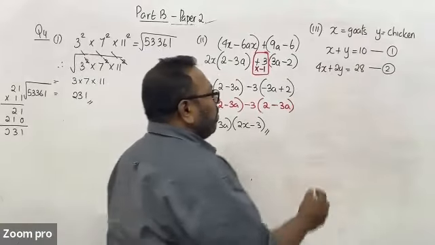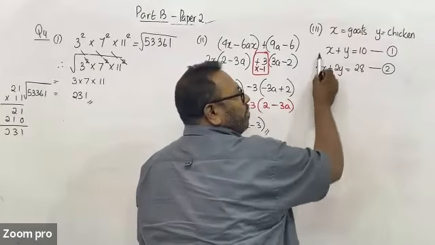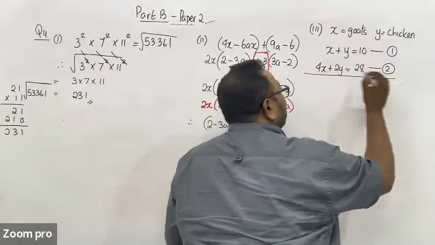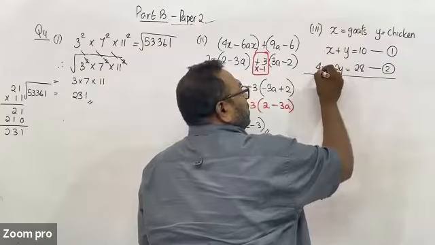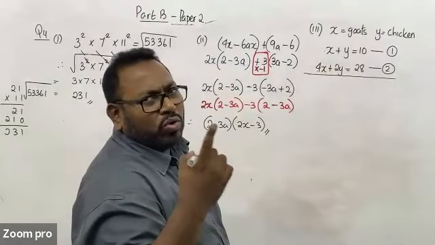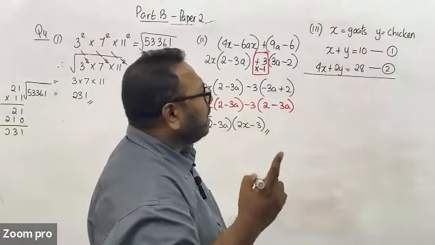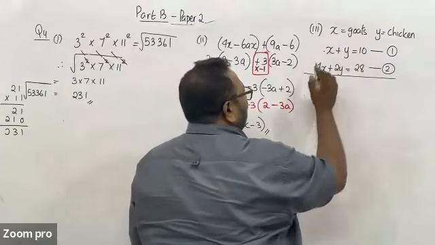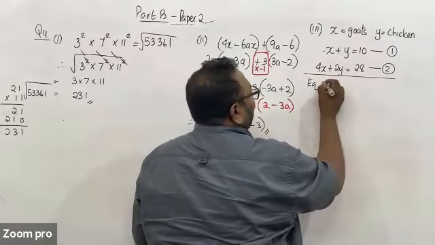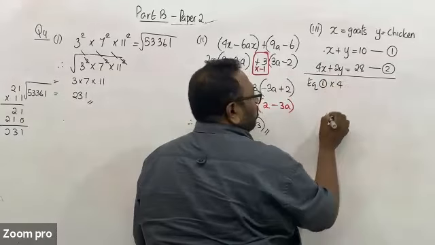Okay. Now, what are we going to do? We're going to make the coefficients the same. Here, this is 4x. So, we'll make the coefficient of x in the first equation equal. We're going to multiply equation 1 by 4.